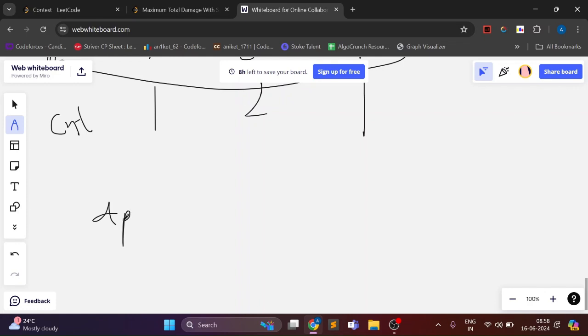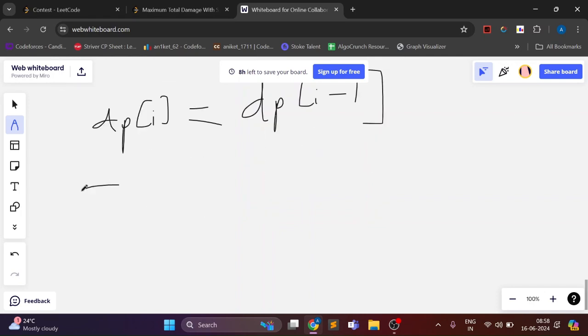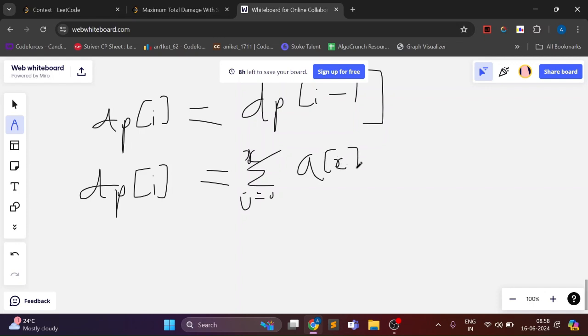So if I'm at position dp of i, one answer can be dp of i minus 1 itself. Another answer can be over j, which is from 0 to, let's say, x, such that b of x is less than or equal to b of i minus 2.